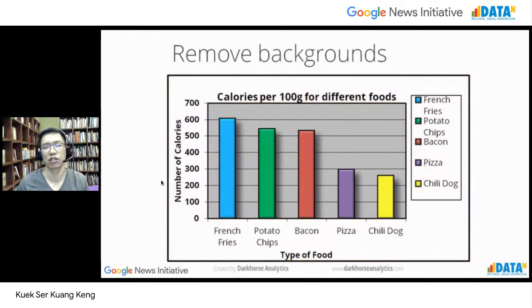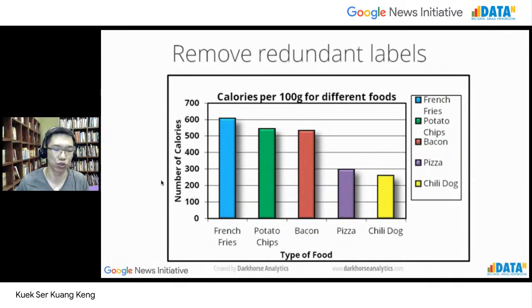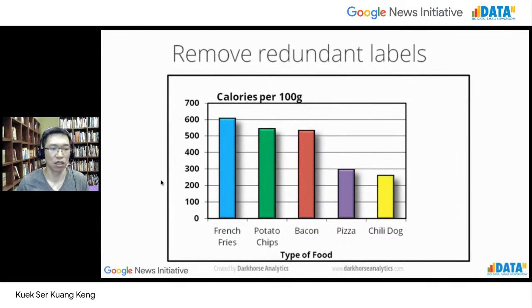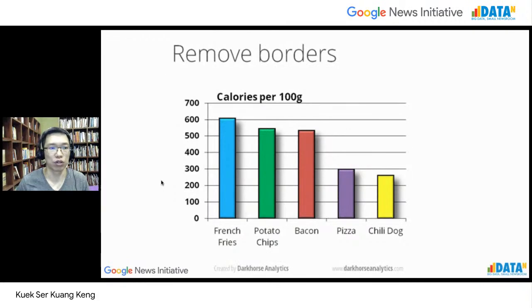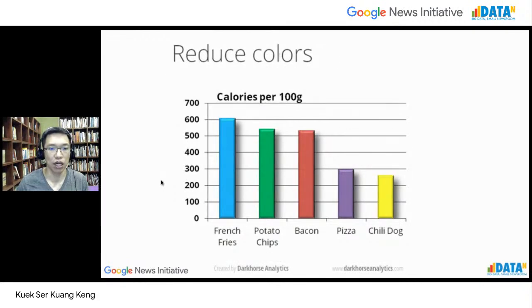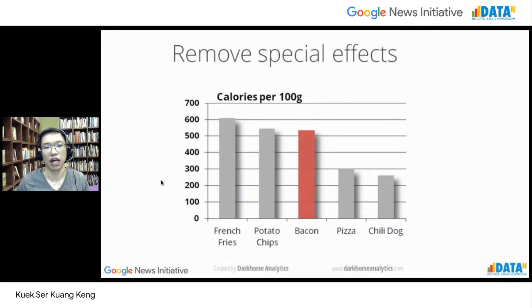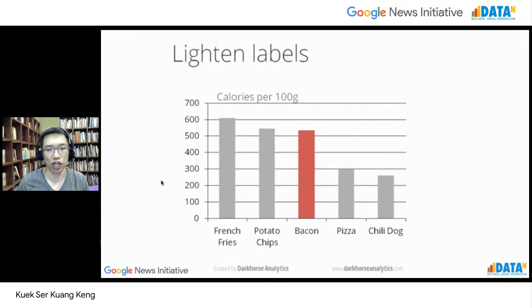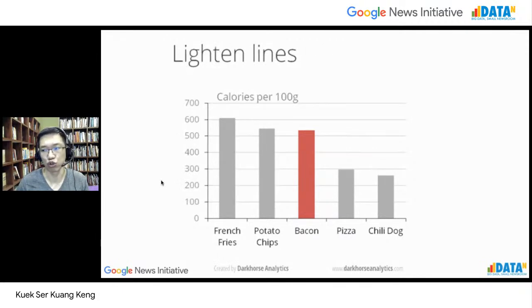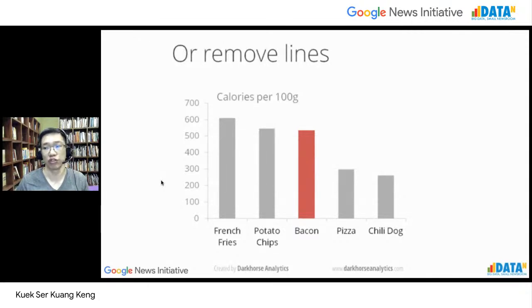But if you are talking about serious issues, right, social economy issues, politics, or the current pandemic, usually we will go for simpler and cleaner design, and that looks more serious and also more professional, right? If you look at the charts by, for example, Washington Post, New York Times, The Guardian in the UK, they all use very simple, straightforward designs, and they don't use a lot of colors.